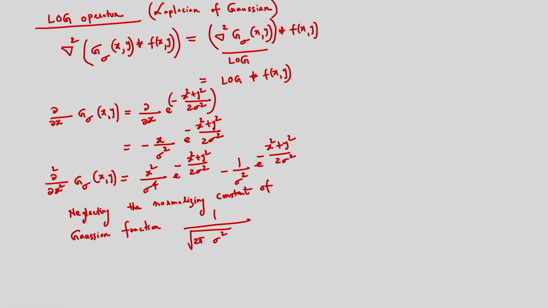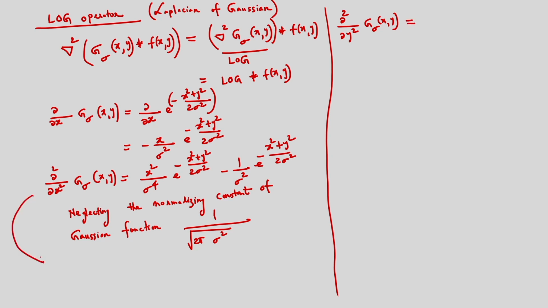Similarly, I can also determine the second order derivative of the Gaussian function corresponding to the variable y, that is del 2 by del y 2 of g sigma x y.